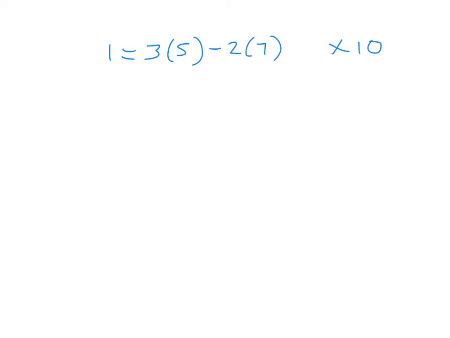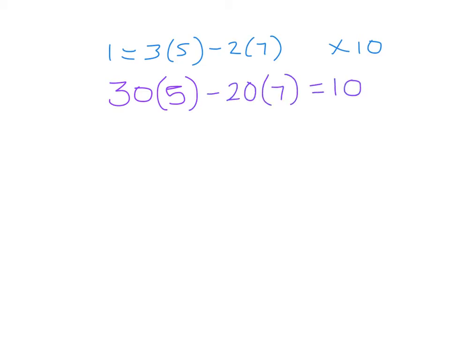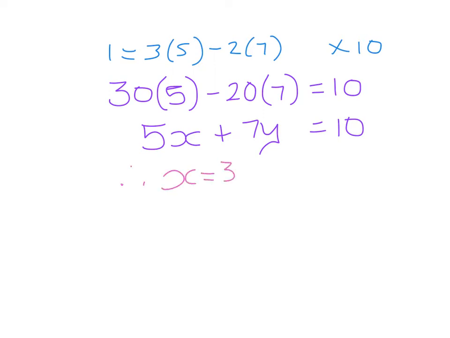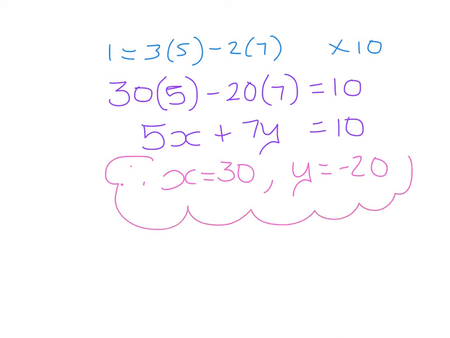So we then have 30 lots of 5 minus 20 lots of 7 is equal to 10. And we'll compare it to 5x plus 7y equals 10, and therefore we can conclude that x is 30 and y is negative 20. And that's our first set of solutions.